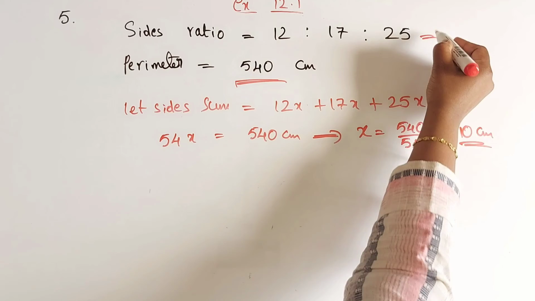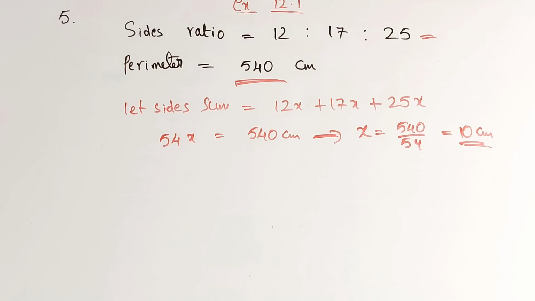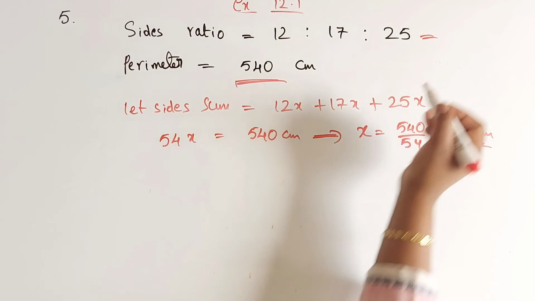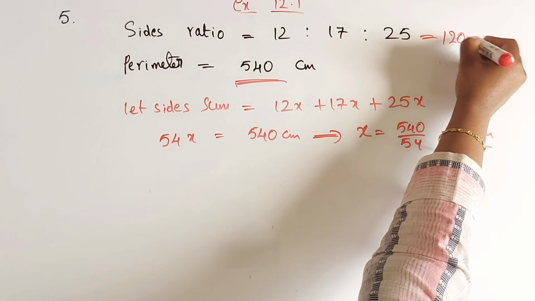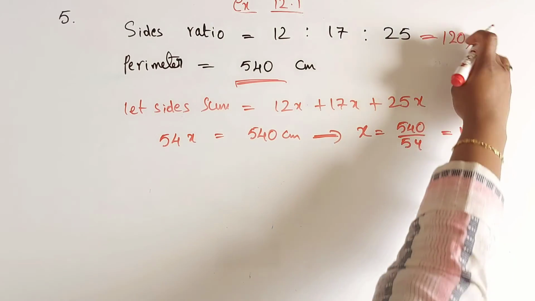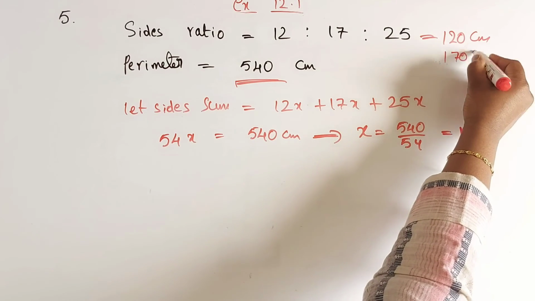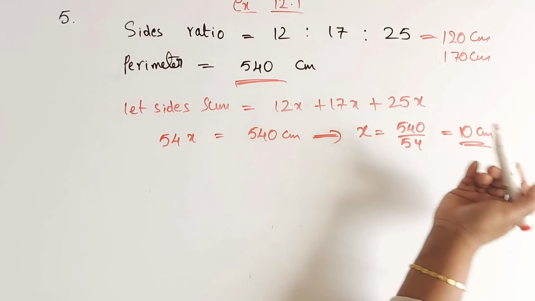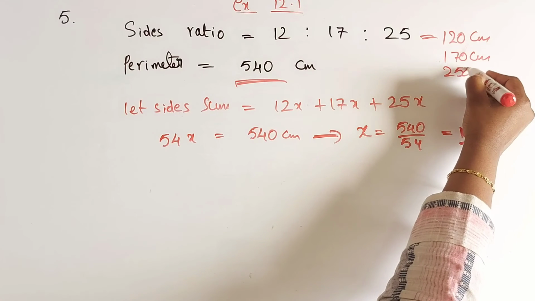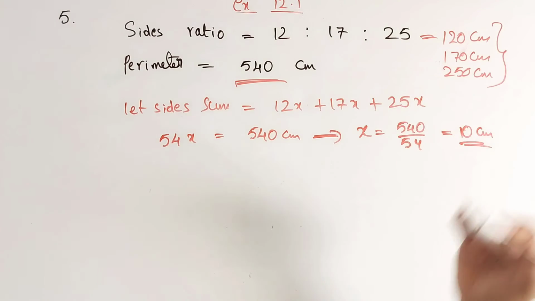Now 12 is to 17 is to 25 is the ratio. That means sides 12x, 12x means 120, and another side 17x, that is 170 centimeters, and another side 25x, that means 250 centimeters. These are the sides.